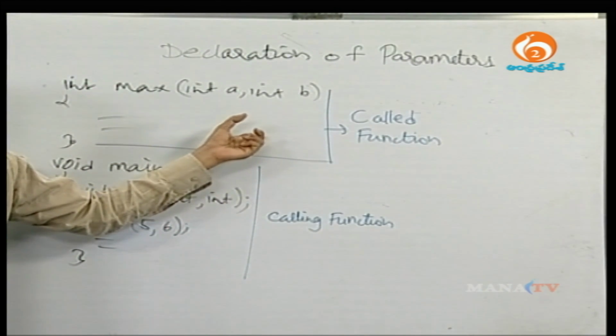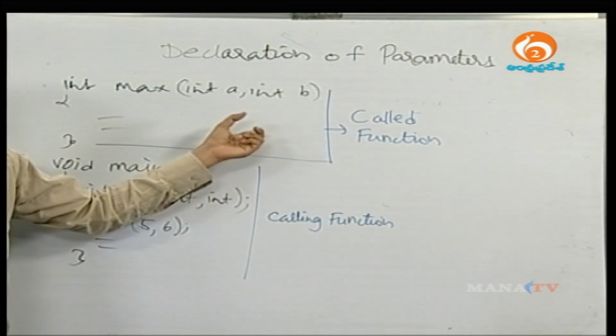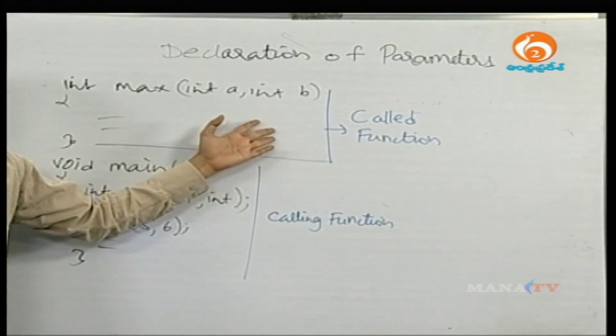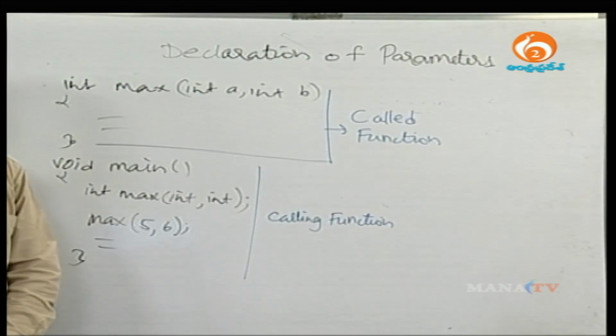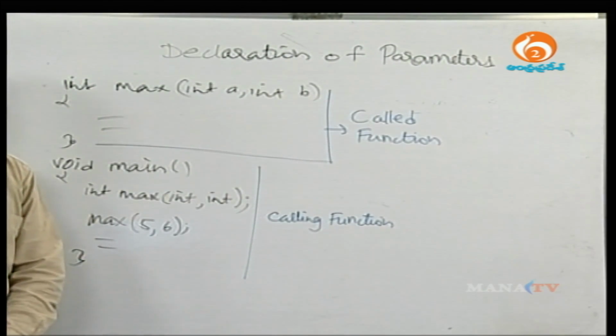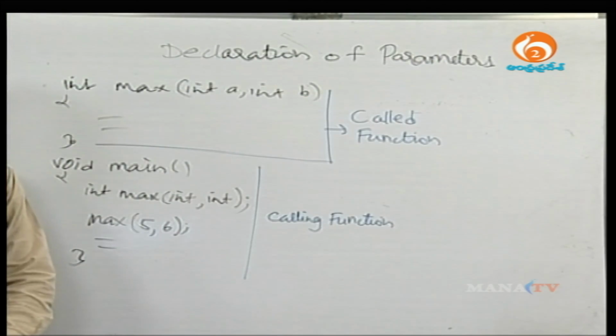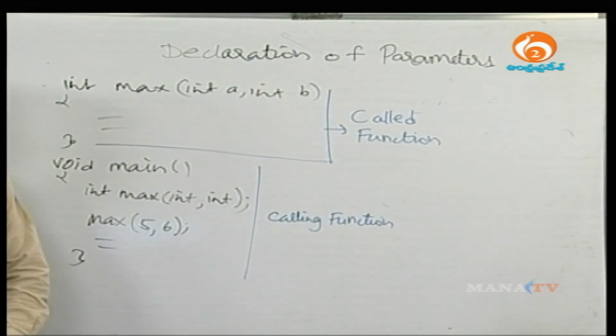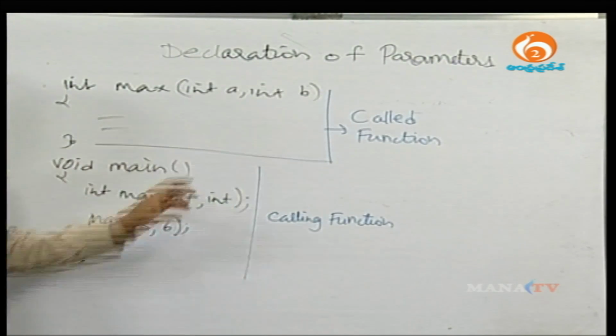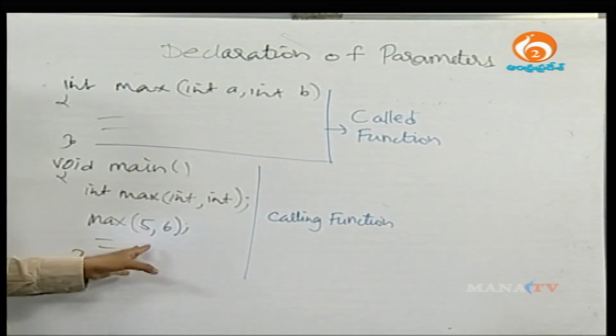A function may have 0 or 1 or more than one parameter. The number of parameters to a function depends on the task to be performed by the function.